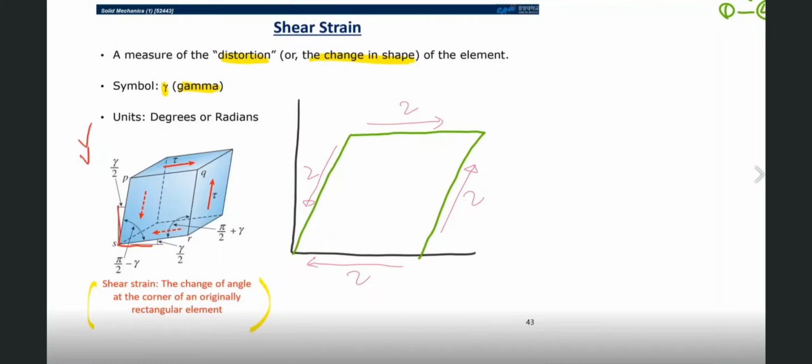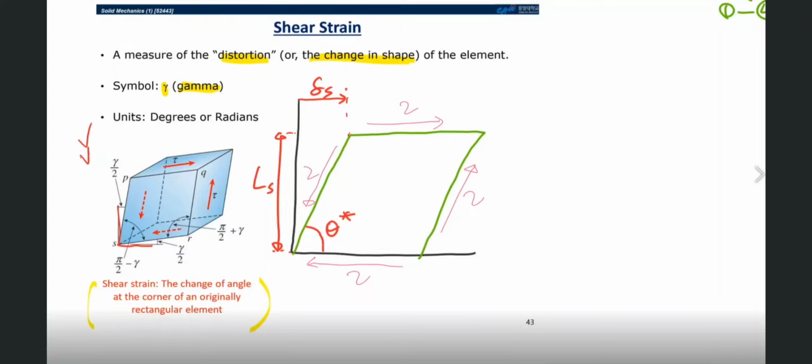But this should be the same magnitude tau. And we can define the angle as theta star, and the original length of this pure shear component should be Ls, and we can define the total deformed distance as delta S.